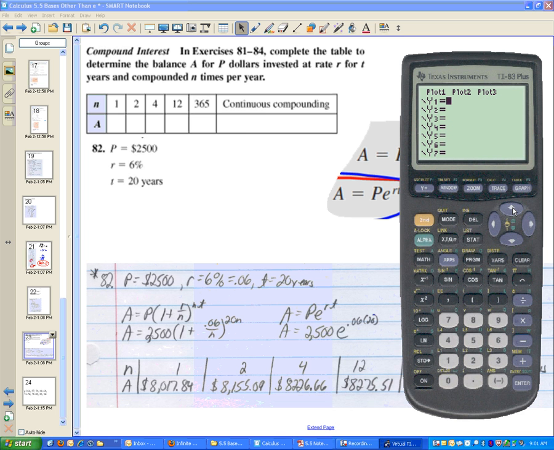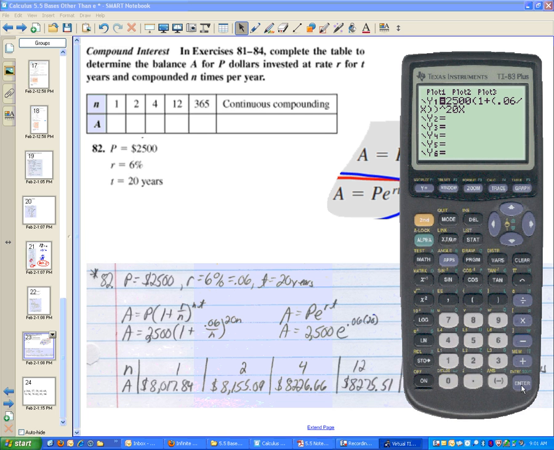Okay, so that'll be 2,500 times 1 plus 0.06 divided by x to the 20x.